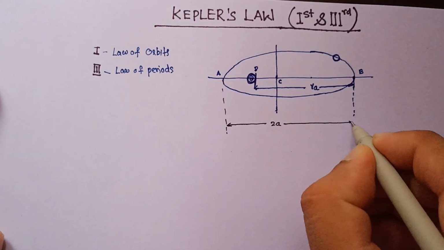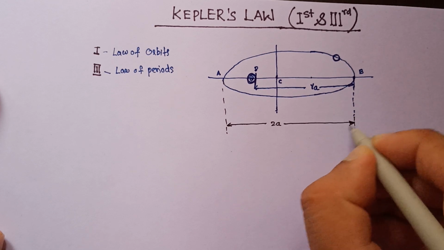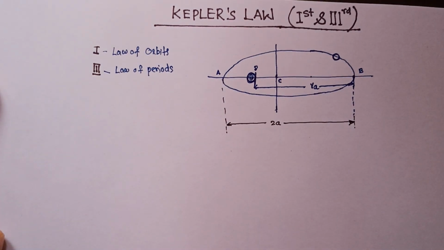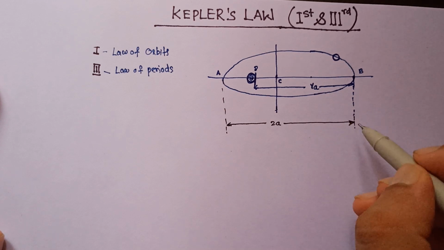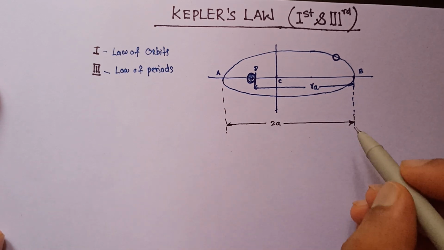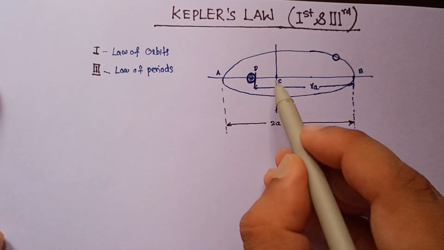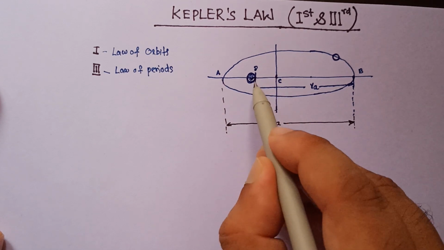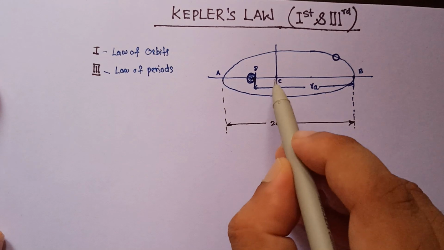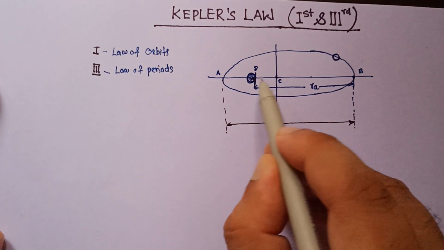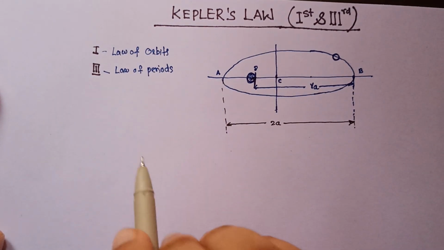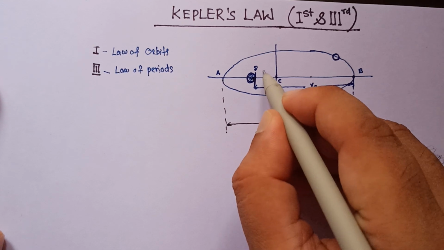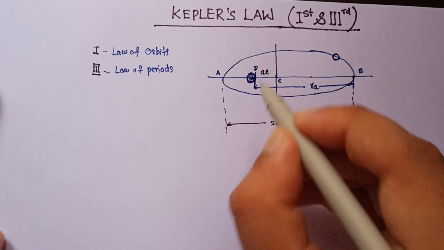Again, the distance from the center to the focus is a times e, a into e, for an ellipse.